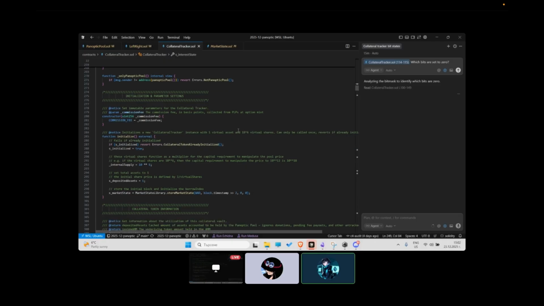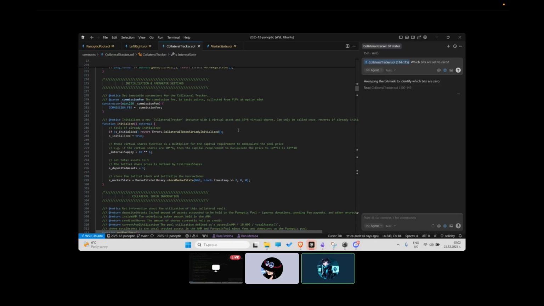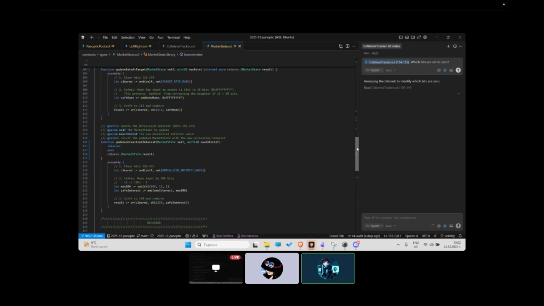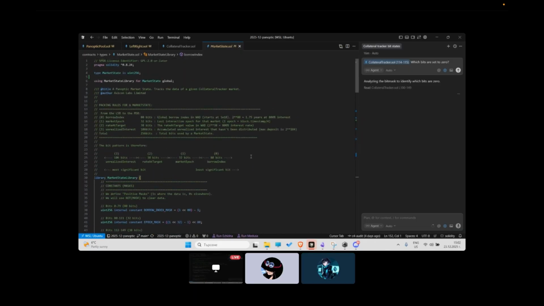You don't have a struct here. Can you open the market state type again just to see something? Can you go up? Do they have a comment with all the storage? Yep, here it is. But it's so much harder to remember. You have to remember the unrealized interest rate at target, market epoch, borrow index.